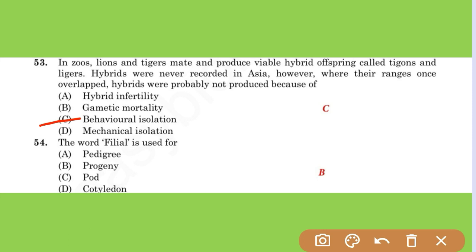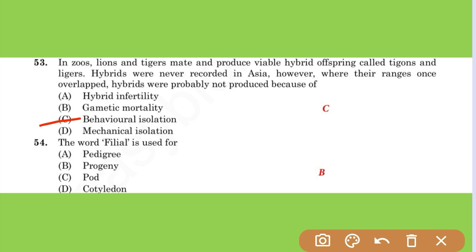Then behavioral isolation is defined as species being isolated reproductively from other species due to differences in behavior. Behavioral isolation is the way in which nature prevents interbreeding of species. Example of this: male fireflies use a specific light pattern and this light pattern attracts a female.